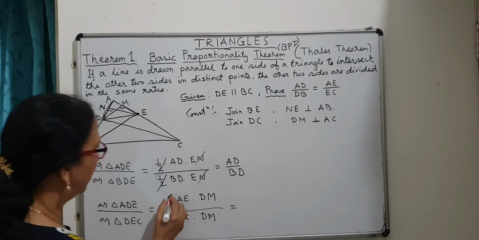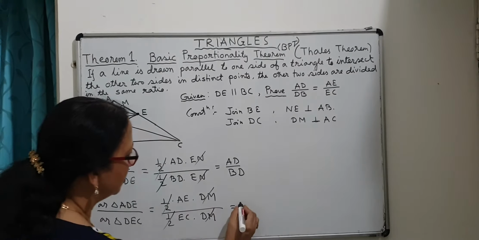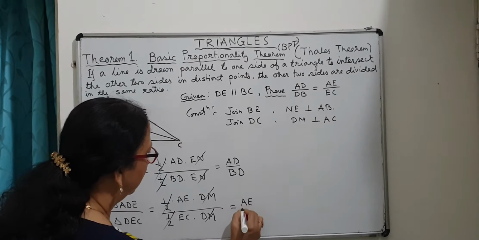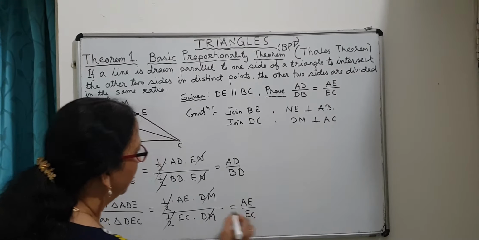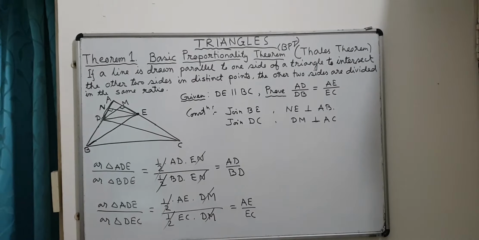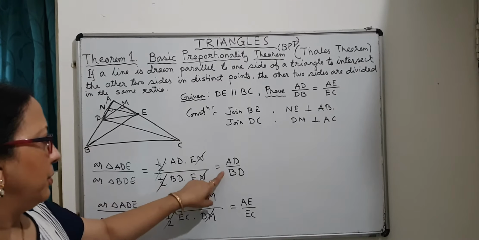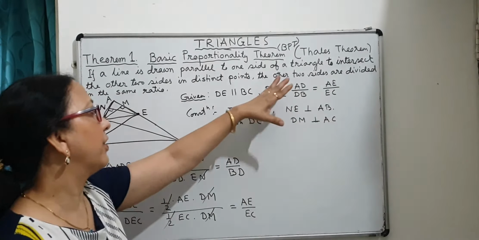So half of EC, DM getting cancelled, so AE by AC. So we find out a ratio of the triangles such that they come out to be the left hand side and right hand side of what is to prove.